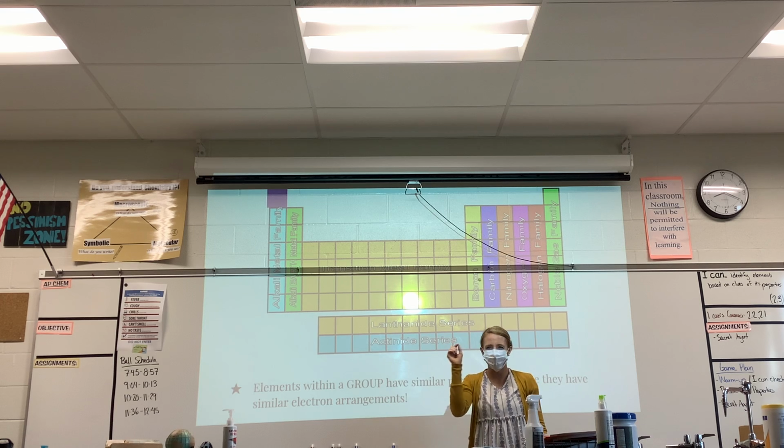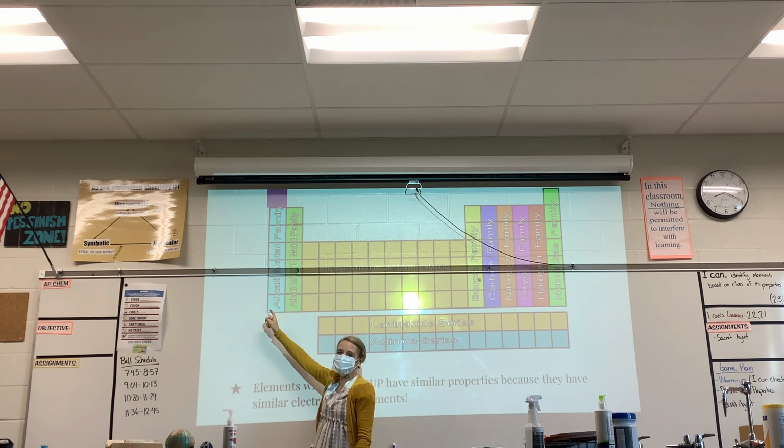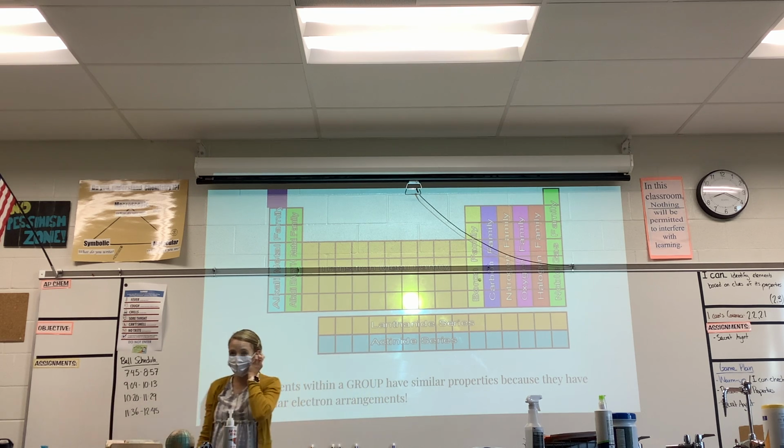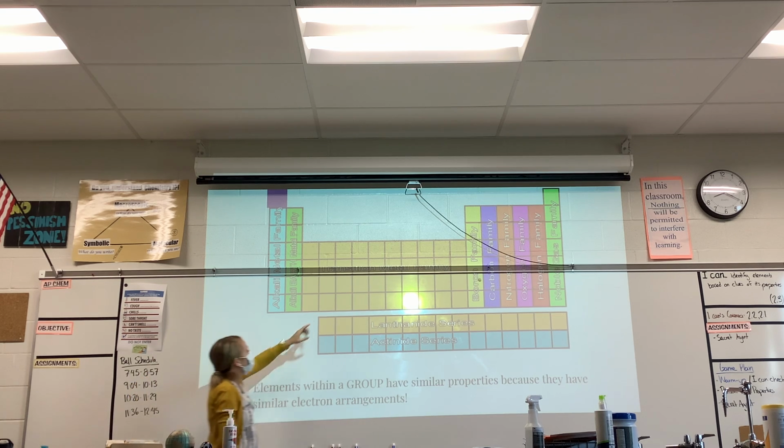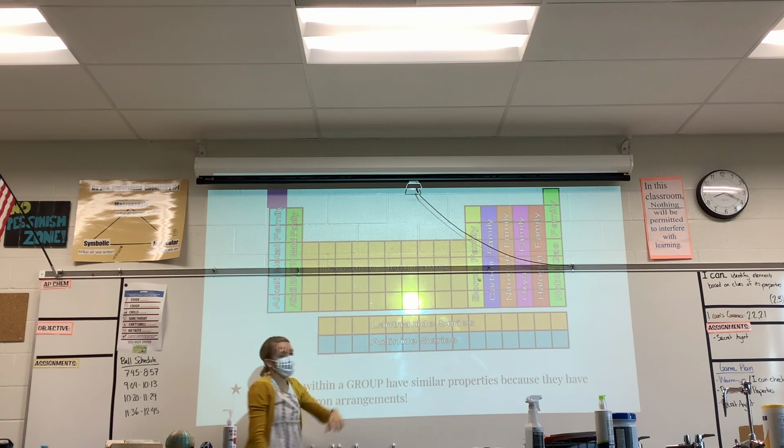So if you want to put little stars by these family groups, you need to know group 1's name, which is the alkali metals. You need to know group 2's name, which is the alkaline earth metals. You need to know that this middle section is called the transition metals.